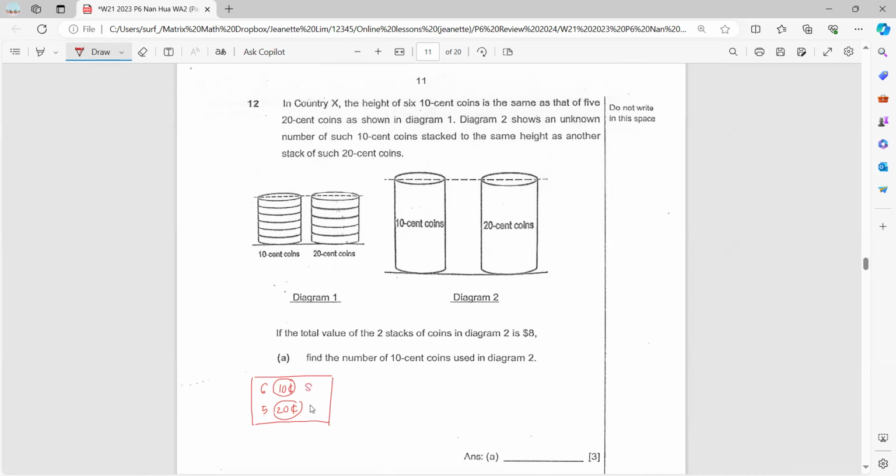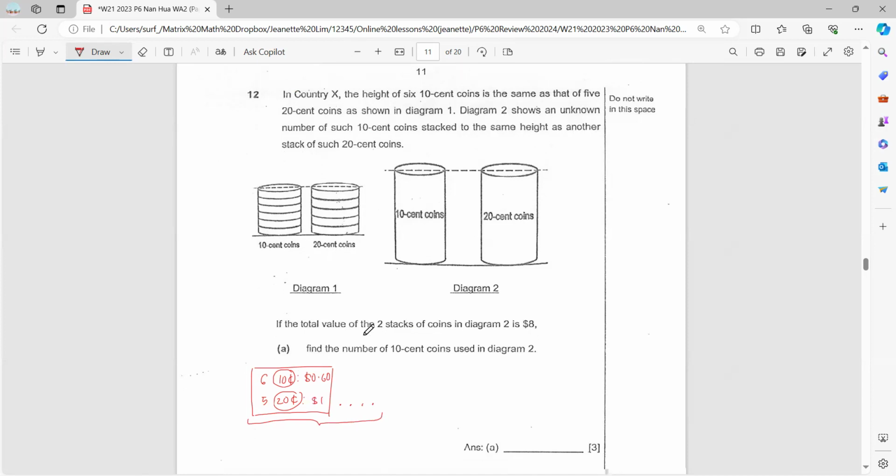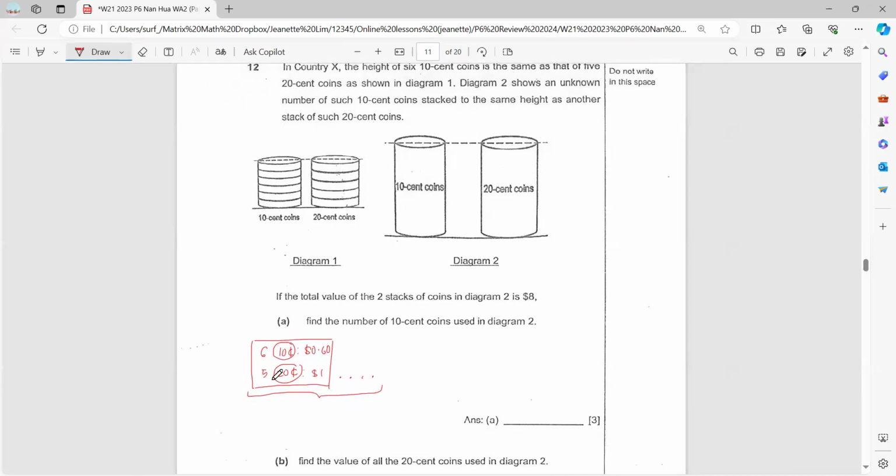This is worth 60 cents. And this is worth $1. Okay, there are many groups. I don't know how many are there, as shown in diagram 2. So there are a few times of this. I know the total value is $8.